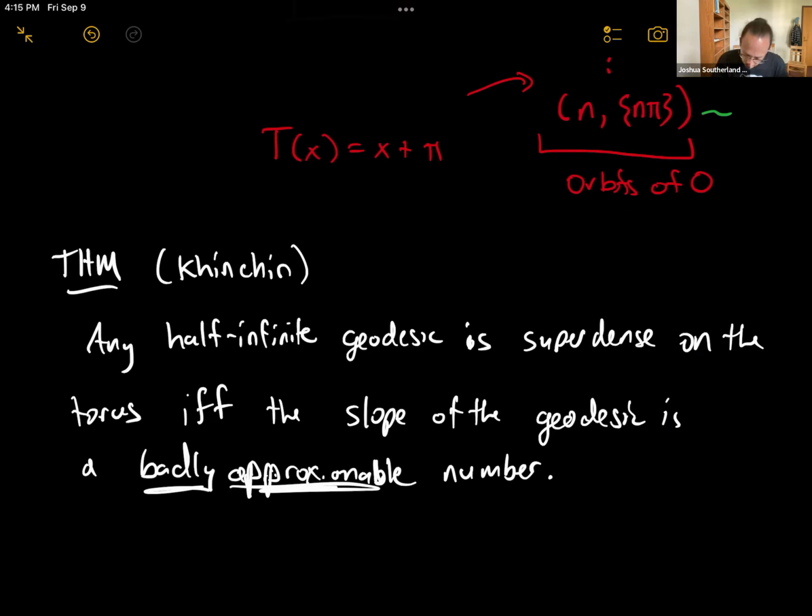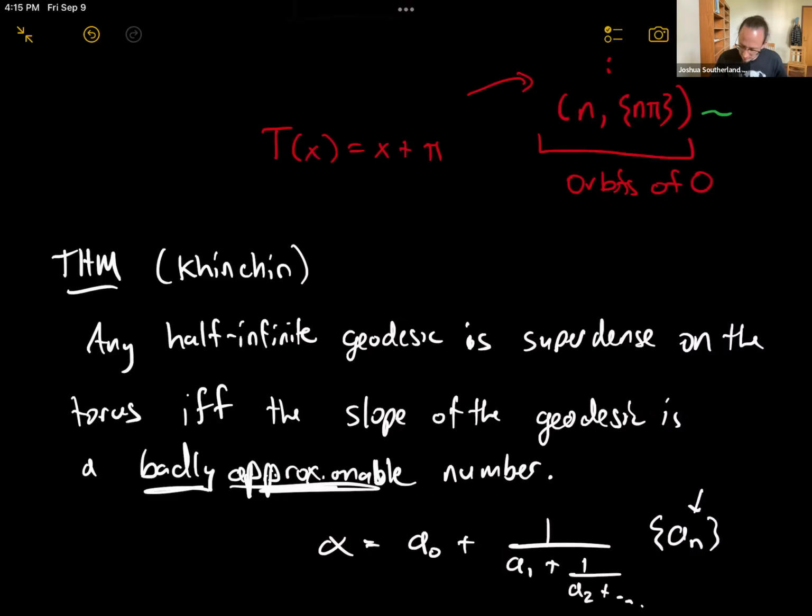Badly approximable, maybe something to keep in mind. There seems to be a connection to continued fractions here. The badly approximable numbers are exactly the ones where, if alpha is badly approximable, we could expand it as a continued fraction and you see that the set of a_n that show up, these integers, are uniformly bounded.